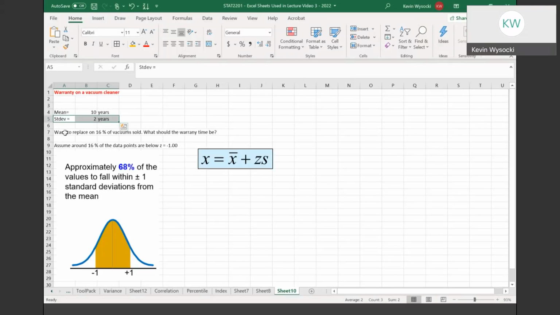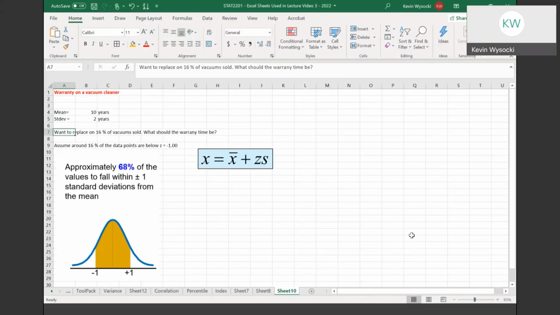So the company decides, hey, we only want to replace 16% of the vacuums we sell, because we're just going to lose money if we don't. So they have to figure out what the warranty time should be, what makes sense as a business decision. So because they decided they only want to replace up to 16% of the vacuums sold, we can assume that around 16% of the data points are below Z equals -1.